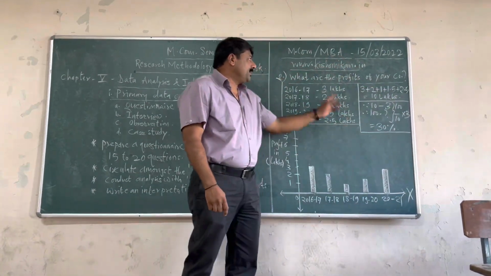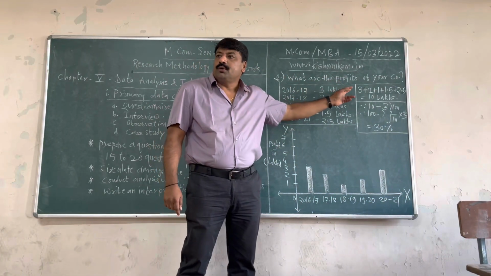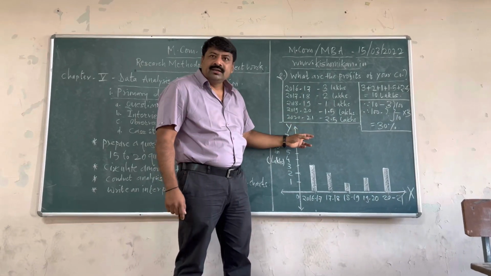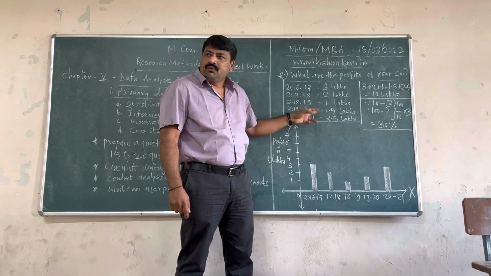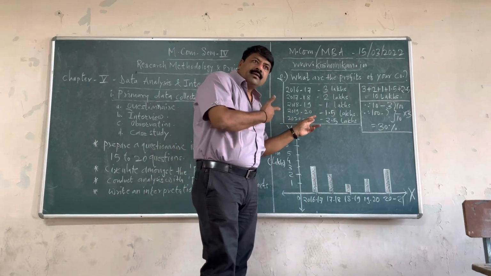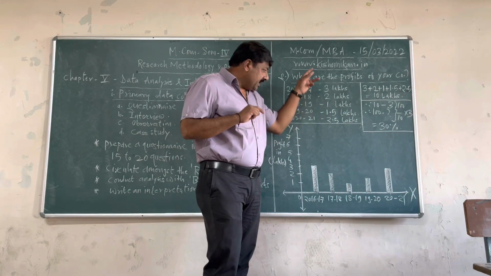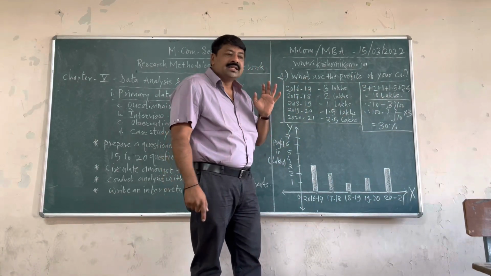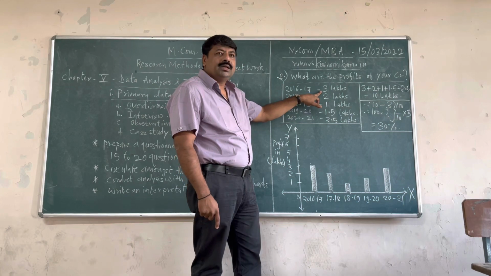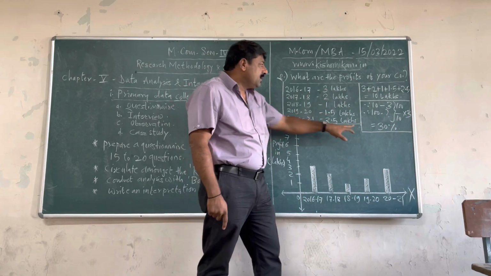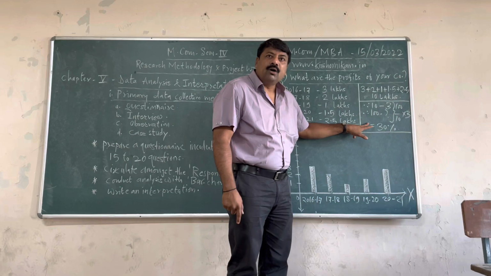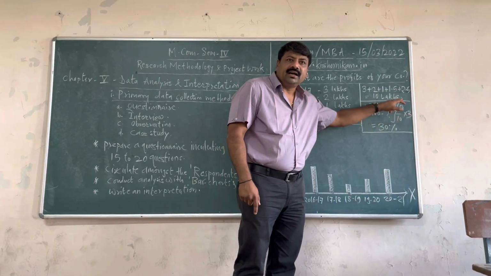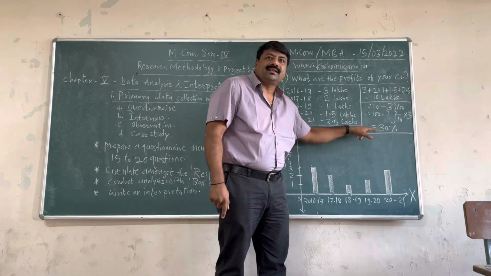For example, you have drafted a question: what are the profits of your company for the last 5 years? For 5 years you have got 3 lakhs, 2 lakhs, 1 lakh, 1.5 lakhs and 2.5 lakhs. Okay. Total profits are 10 lakhs. Now you have to find out the percentage. Out of 10 lakhs, for the first year, how much is it? Out of 10, 3. For 100, how much will it be? By cross multiplication, 100 by 10 into 3, you have got the answer 30%.